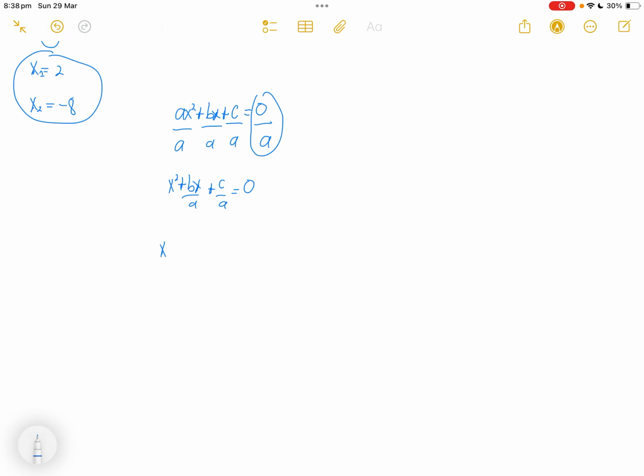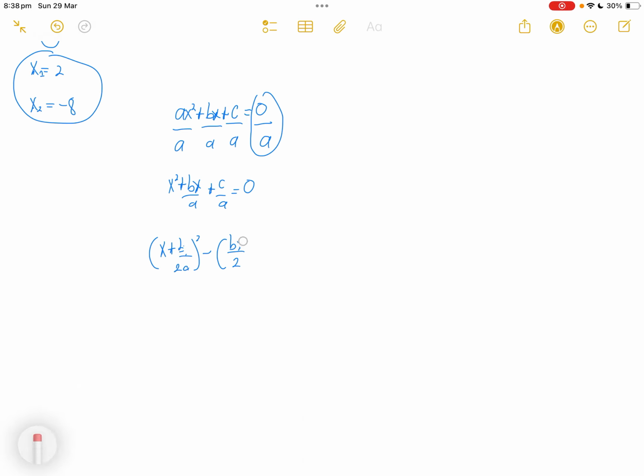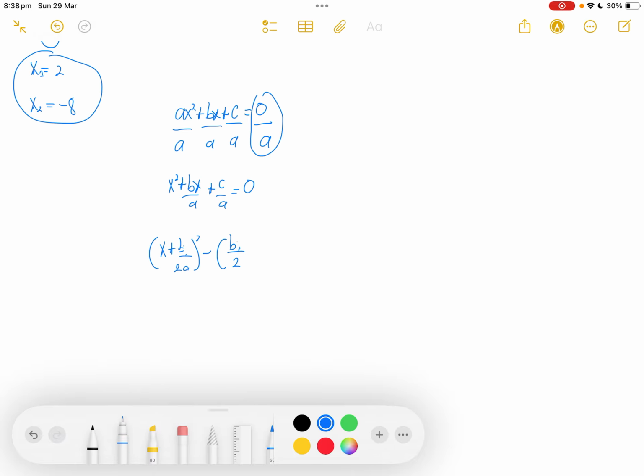So based on the parameters above, that's gonna be x plus b over 2a, and that should be minus b over 2a. Wait, that should have an x over there. My apologies.